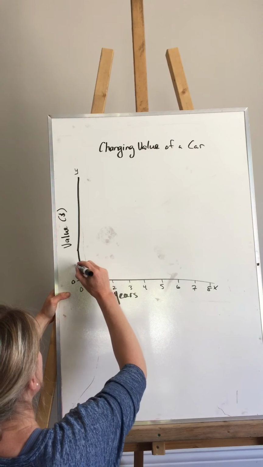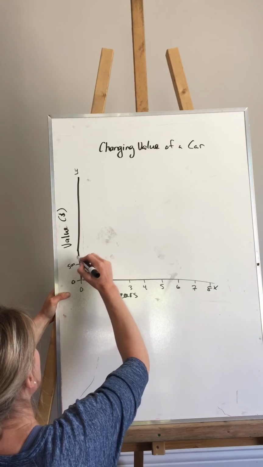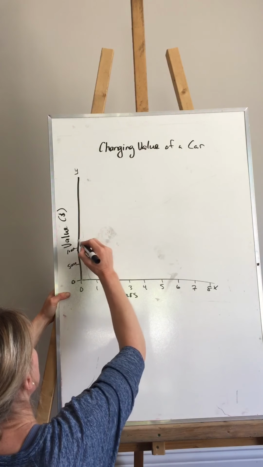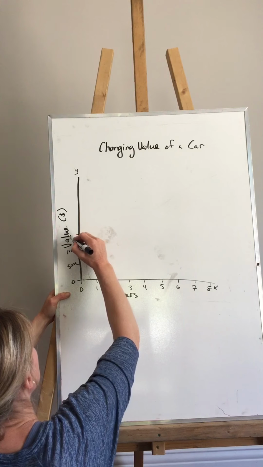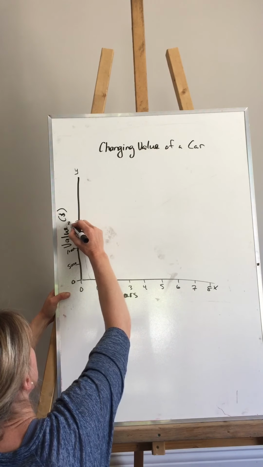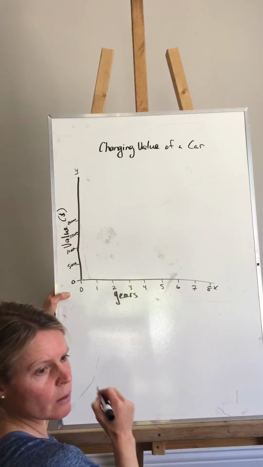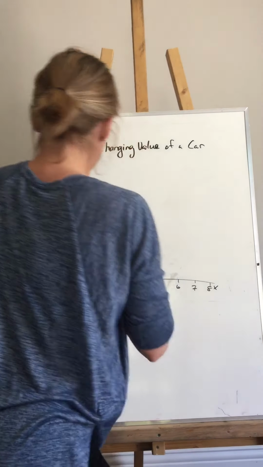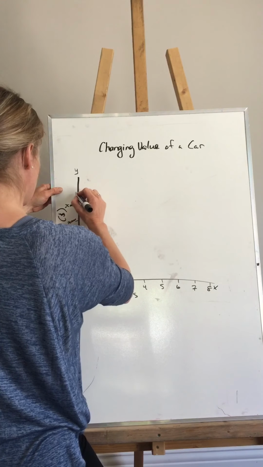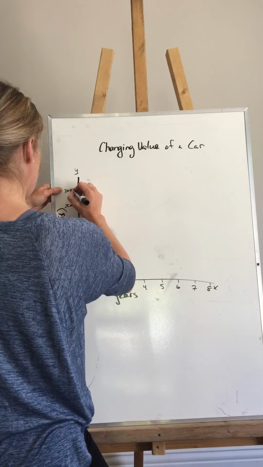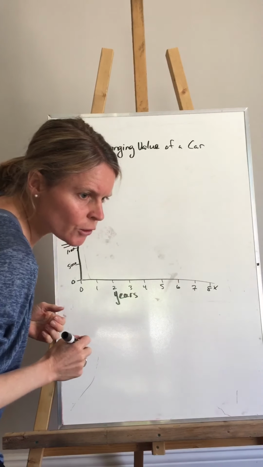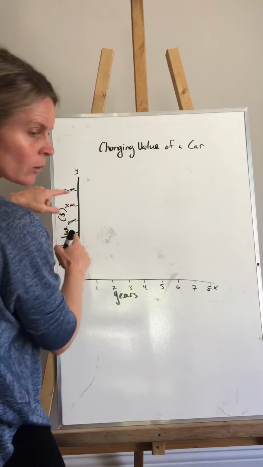So 0, 5,000, 10,000, 15,000, 20,000, 25,000, and 30,000. Okay, so we are going to start at year 0.